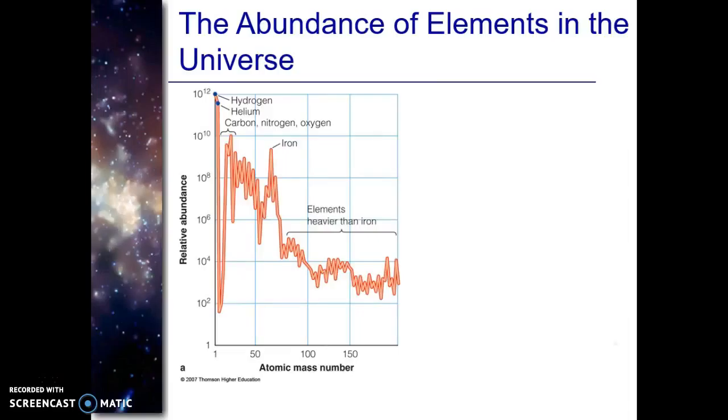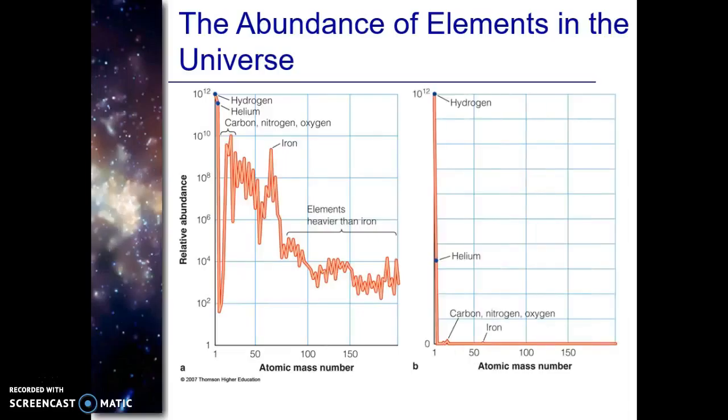Abundance of elements in the universe. As you can tell from this, of the relative abundance of elements, there's a good abundance of hydrogen. Of course, there's going to be tons of hydrogen. As you go down, the abundance of elements heavier than iron is going to get smaller and smaller. There are more hydrogen, helium, and then the carbons, nitrogens, and oxygens, your CNO, because those are in the stars that are fusing them.